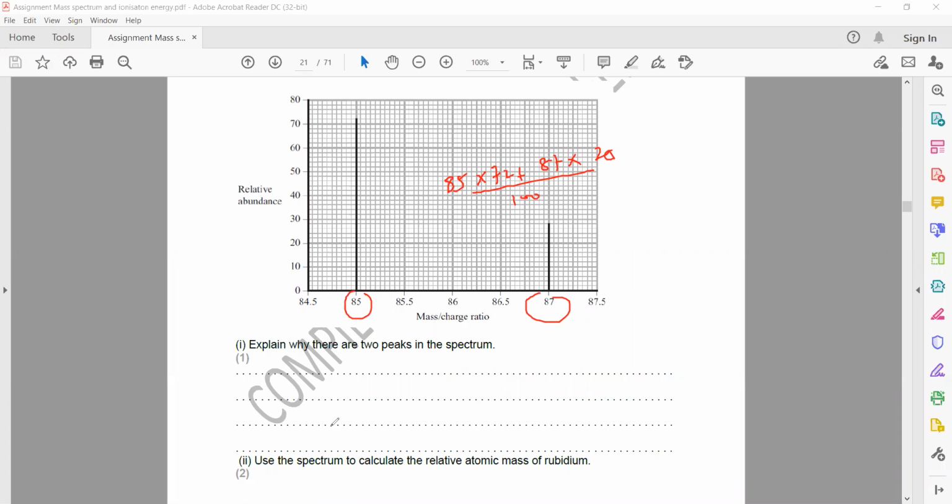So we'll get the average mass of the two isotopes of rubidium, which will come out as 85.56 if we write to two decimal places. Gram per mole, or atomic mass unit.